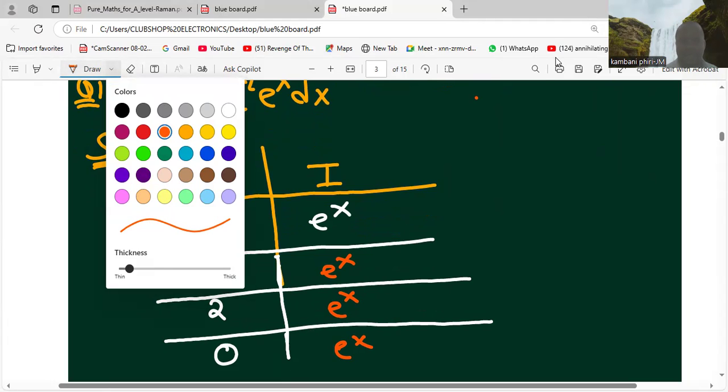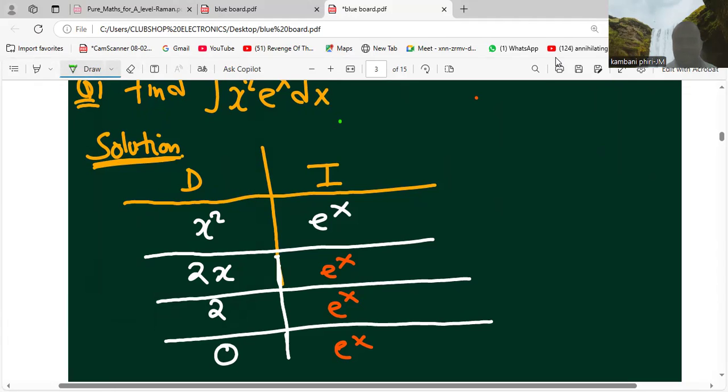Now, we are going to get the diagonal products, all right? We'll get the diagonal products like this, like that. But we are going to start with plus, minus, and plus, okay?